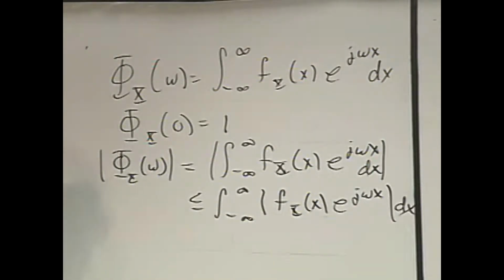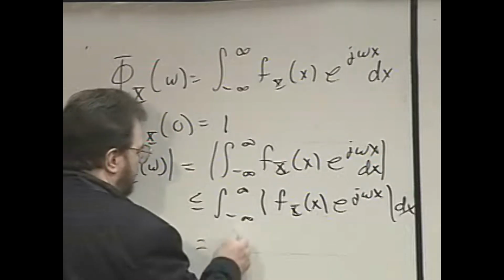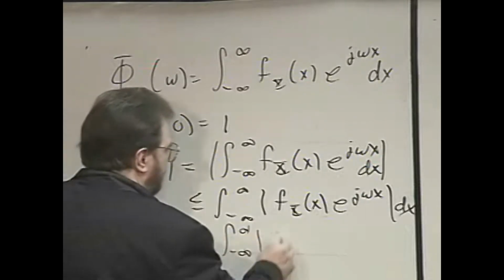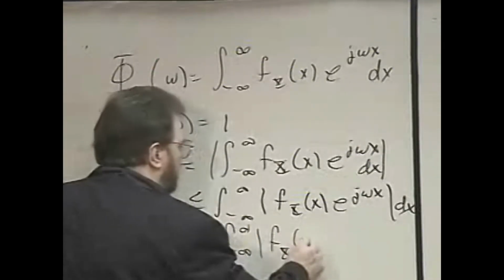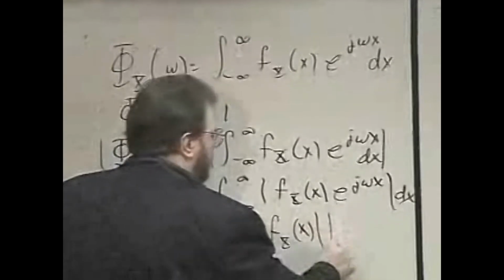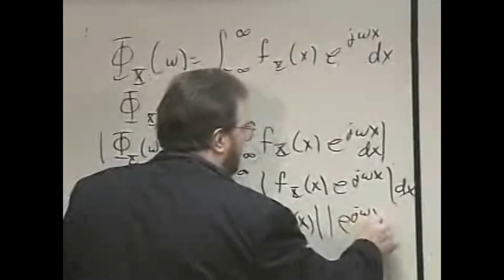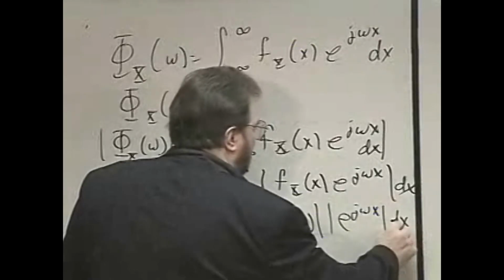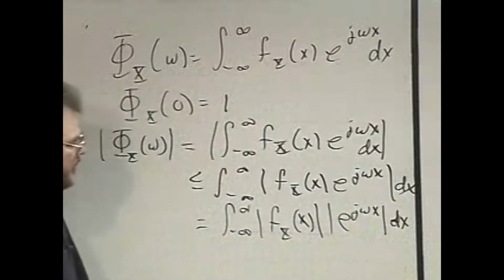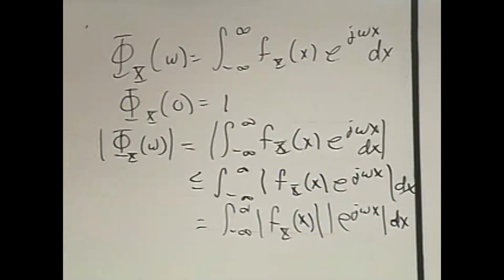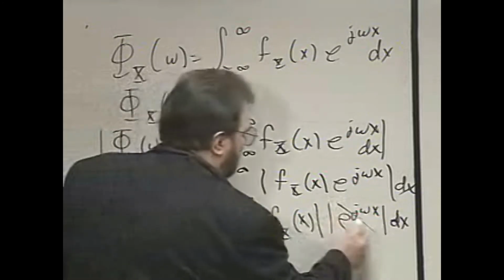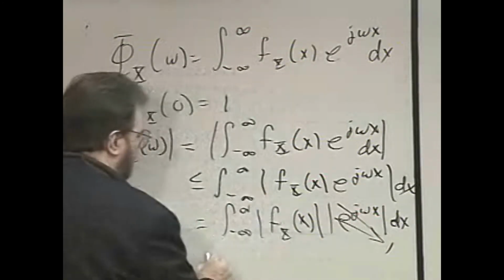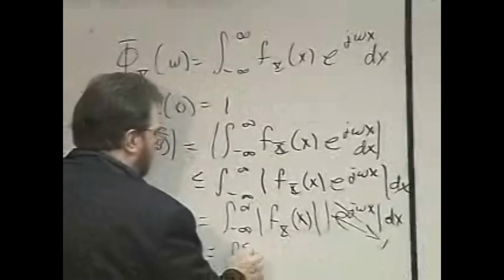And of course, this is the same thing as the integral of the magnitude of the product. The magnitude of the product is the product of the magnitudes. What's the magnitude of e to the j omega x? This is equal to 1. And we're left with the integral of the magnitude.